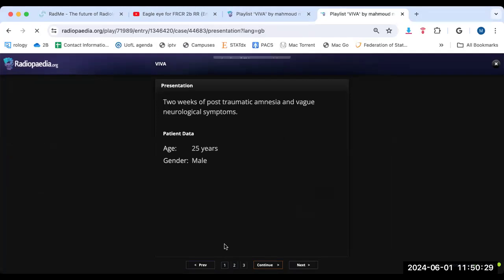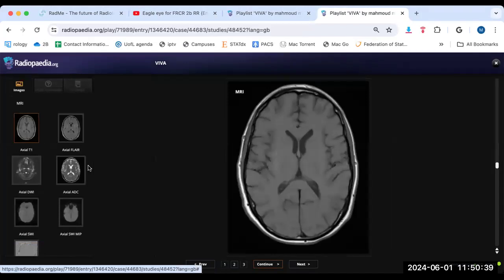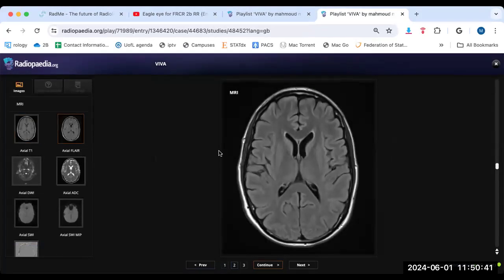And the first case, the age of the patient is still very young, and he gave you the history of trauma. Please prioritize your differential. You must mention the most relevant one, the most compatible with this exam and these images. If you started by demyelination, you will lose marks.